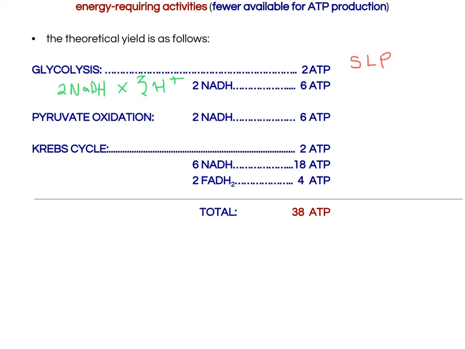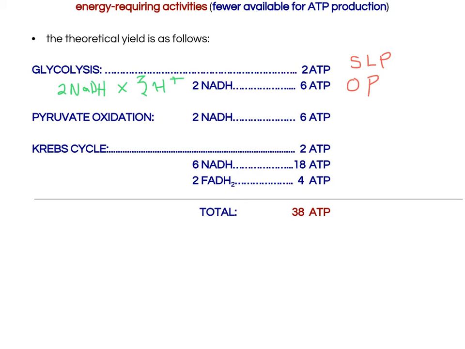That yields 6 hydrogen ions available to pass through ATPase, and thus 6 ATP. So 3 hydrogen ions per NADH gives us 6 ATP in total, by oxidative phosphorylation.